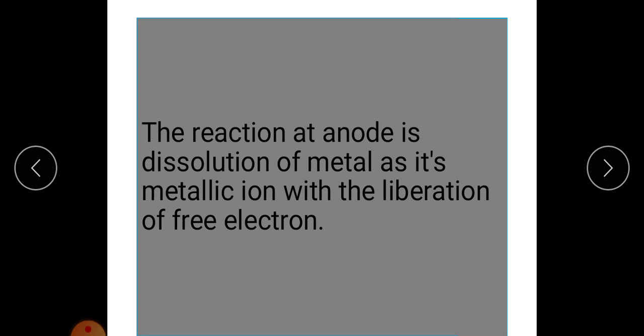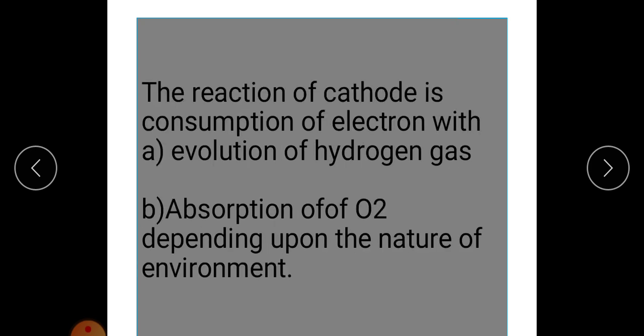The reaction at the anode is dissolution of metal as its metallic ion with the liberation of free electrons. The reaction at the cathode is consumption of electrons with the evolution of hydrogen gas, and the second is absorption of O2, depending upon the nature of the environment. So this is galvanic cell corrosion.